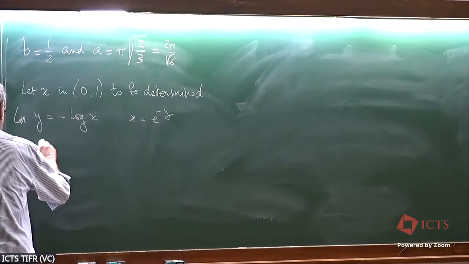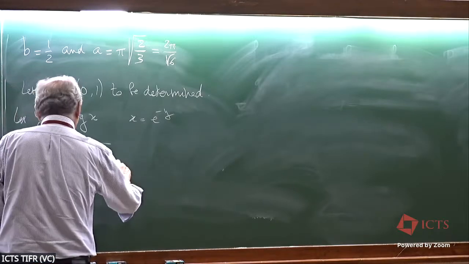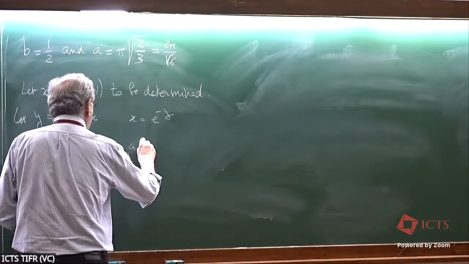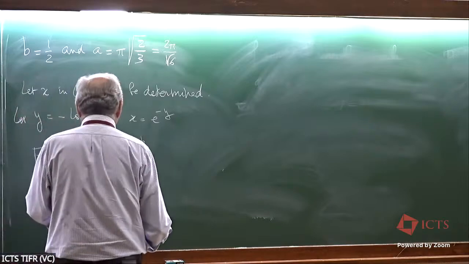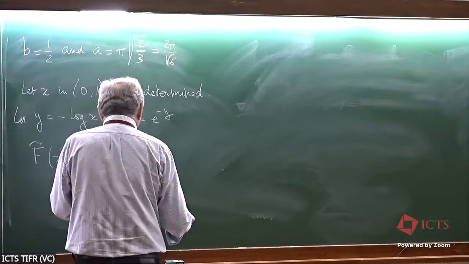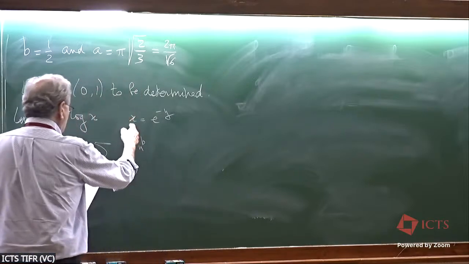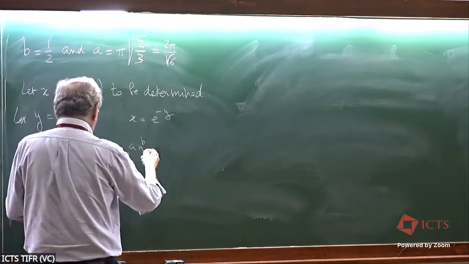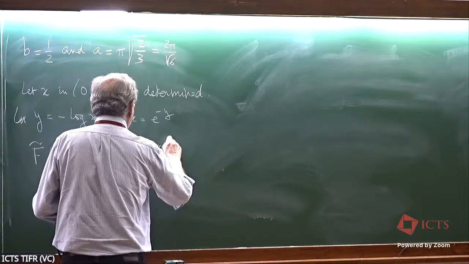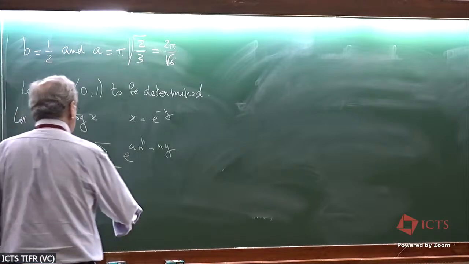So f of x, for this x, will be the summation over n of e to the a n to the b. This is just what you have for the p tilde of n, f tilde. And you have now x to the n. x to the n is e to the minus n y.